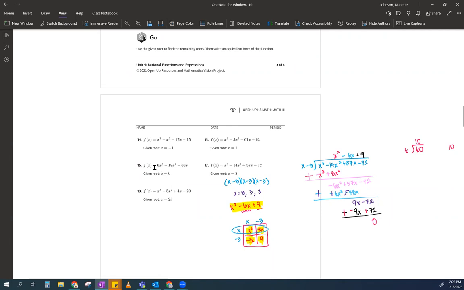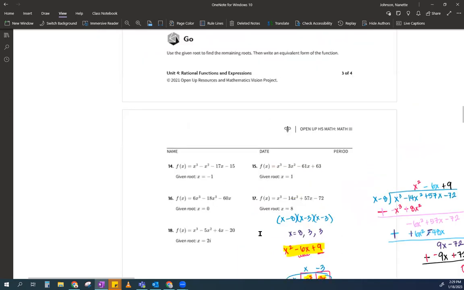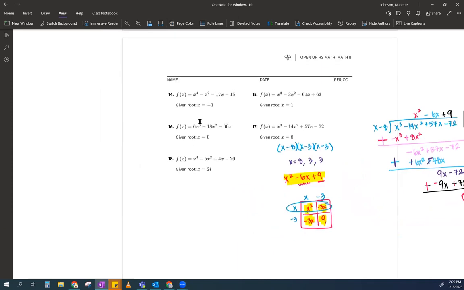Now, I'm going to be honest with you. With this one right here, if they did not give you x equals 0 is the root, you should have already known that. What do you notice about this function right here?